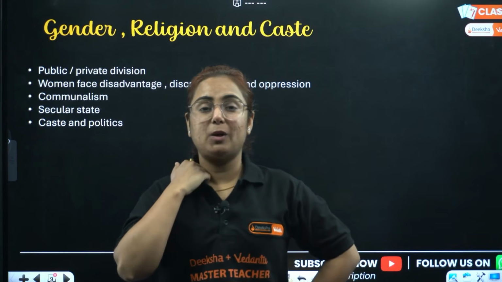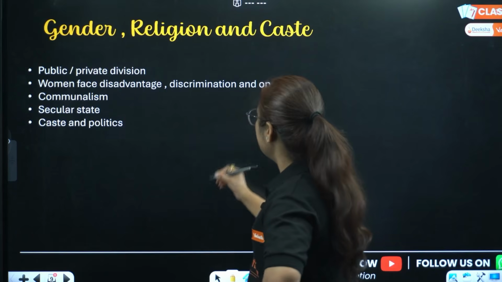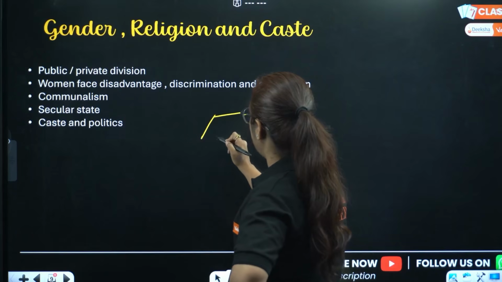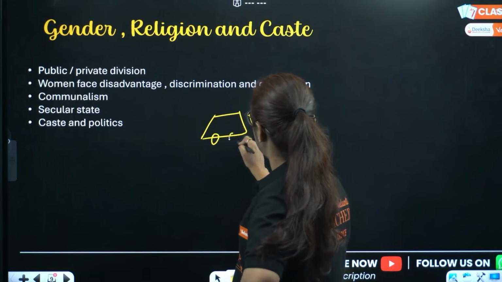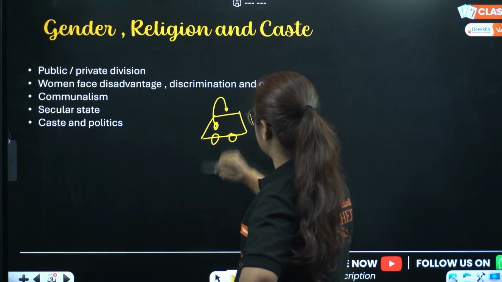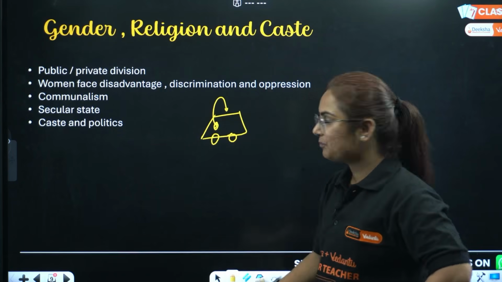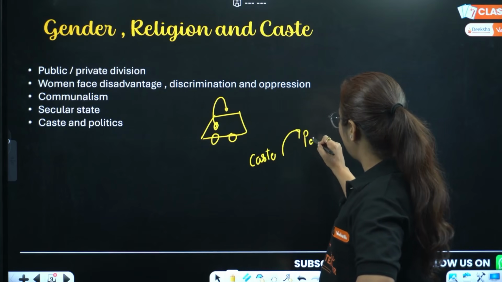So what is caste in politics? Like I will tell you, there is a car. How to draw a car? I am very bad at drawing. There is a car. There is a person in the car. So caste in where? Politics.